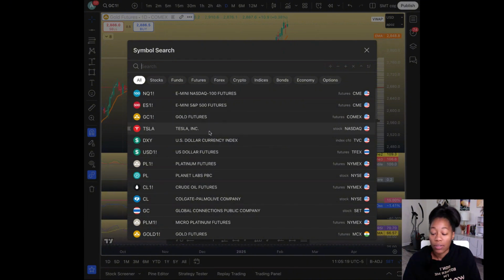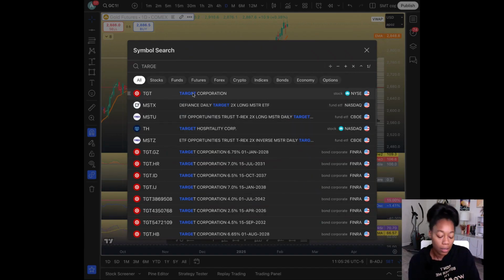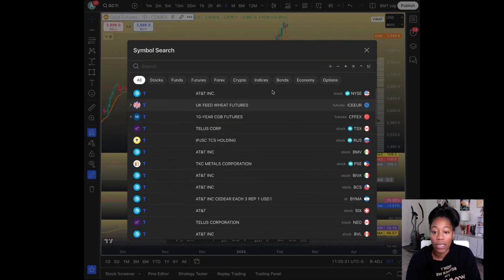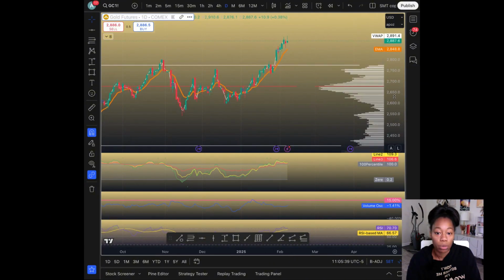You can look at your favorite company like a Tesla or even Target, any of the places that are constantly in the news, and this is how you pick and choose if you wish to trade them or not. So right now I am in the gold futures, and this is our chart and this is our price.